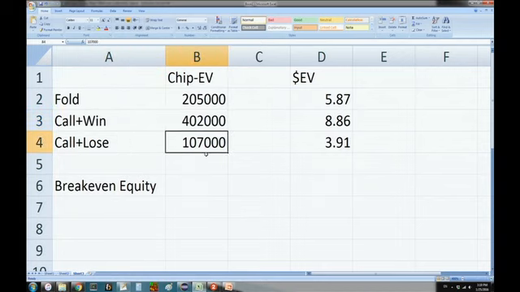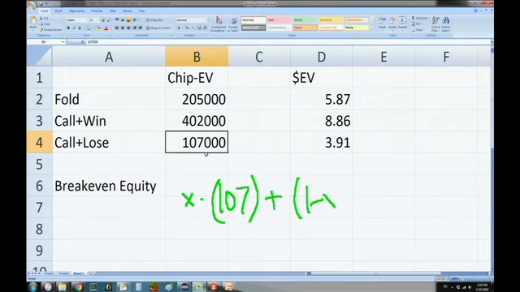So we could do a calculation here where, let's say my chances of winning is X. So it's X times how many chips I have if I call and lose, which is 107, and I'm not going to write the last 3 zeros, plus 1 minus X times 402.